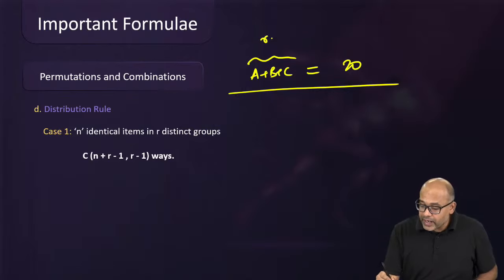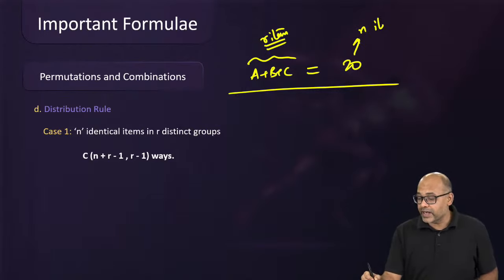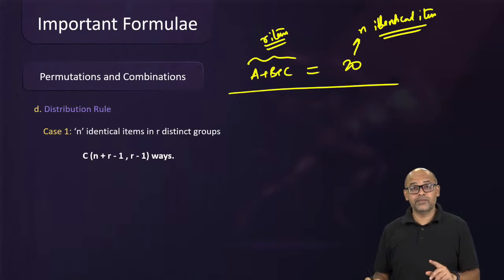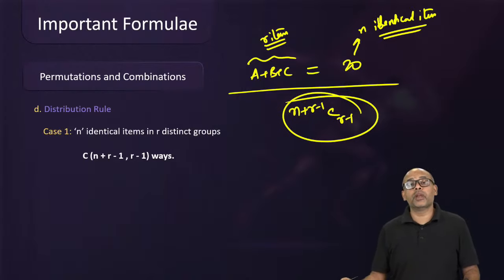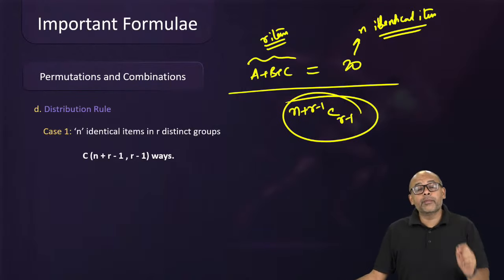So if there are R groups here and N identical items, this is very important, identical, then the formula is given by N plus R minus 1 C R minus 1. This is the formula for finding the number of non-negative integral solutions.